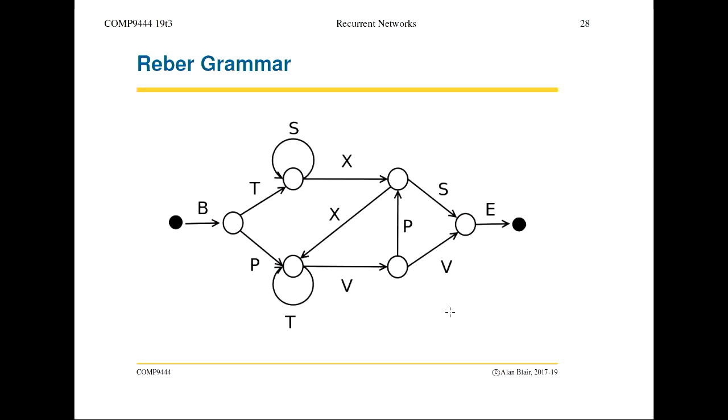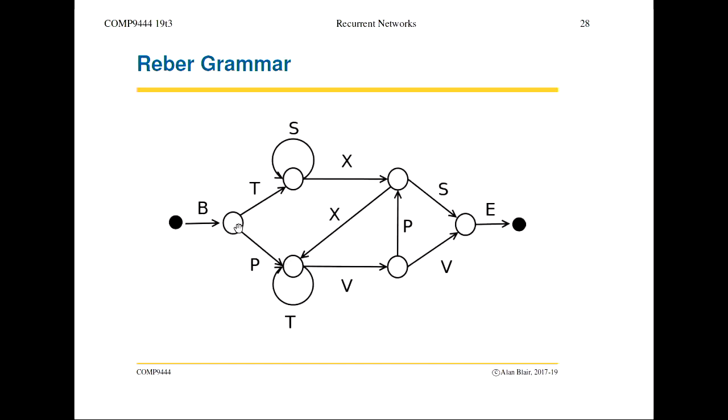And actually a simple recurrent network would be able to learn this. Christian Herta's tutorial goes through this, but it's not in PyTorch, it's in Theano, which is a bit out of use these days. But you can train a simple recurrent network to learn this grammar.